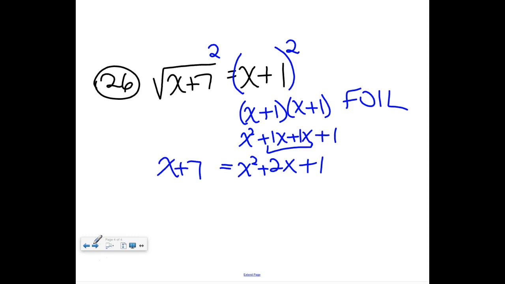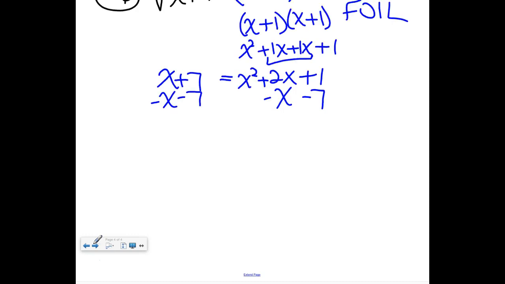So now we see we have x squared with junk, so that means we know we're going to have to factor. Therefore, I have to get the left side to equal 0. So I'm going to subtract the x from both sides, and I'm going to subtract the 7 from both sides. Okay. So now we have 0 equals x squared. This cancels down to just 1x or x, and this will cancel down to just negative 6.